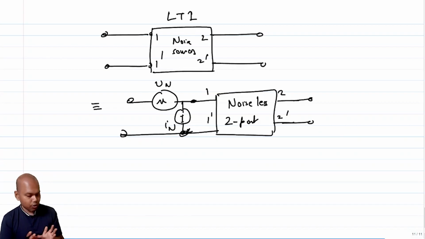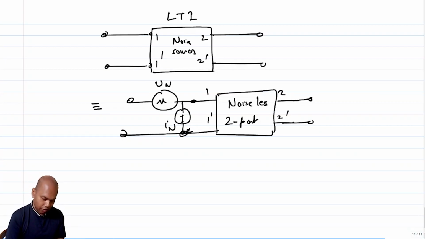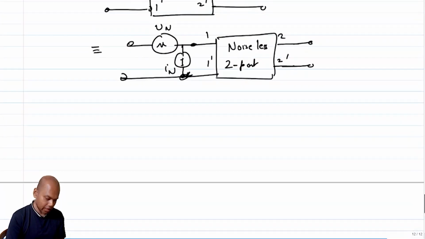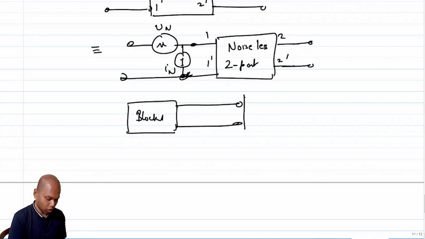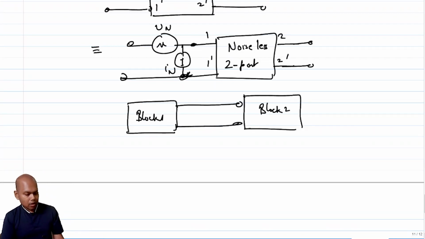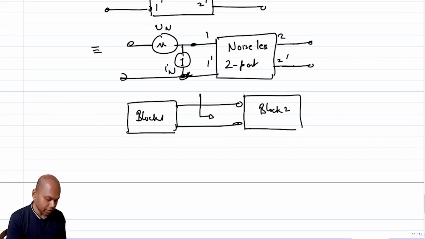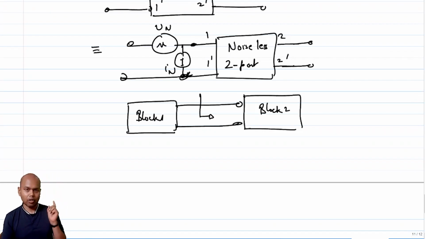Now if you are somebody who is designing a block, let's say again I come back to that example that I am designing block 1, and this is my block 2 two-port. Then what do I expect from the designer of block 2? I expect the input characteristics of block 2, but not only that, I am expecting the equivalent noise model of block 2.